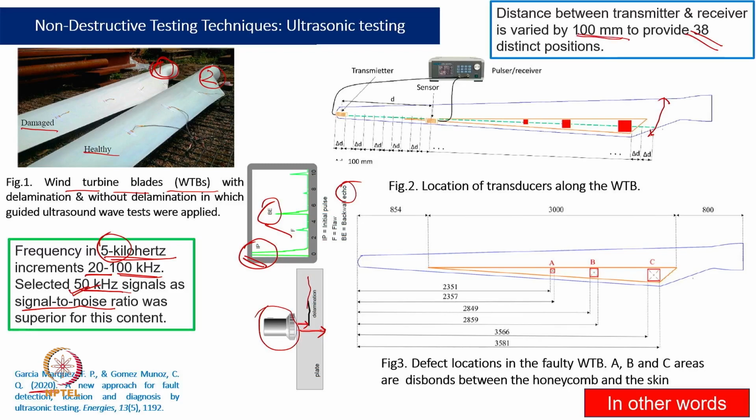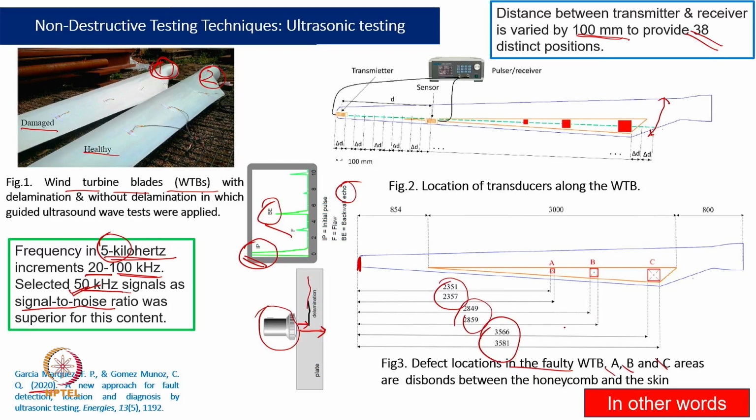Maybe one is kept at 200 mm, then 300 mm, 400 mm, 500 mm, 600 mm, something like that. Then they found defects at location A, location B and location C, and the dimension itself varies from one end, roughly 2300, then 2800, and the last one 3500.